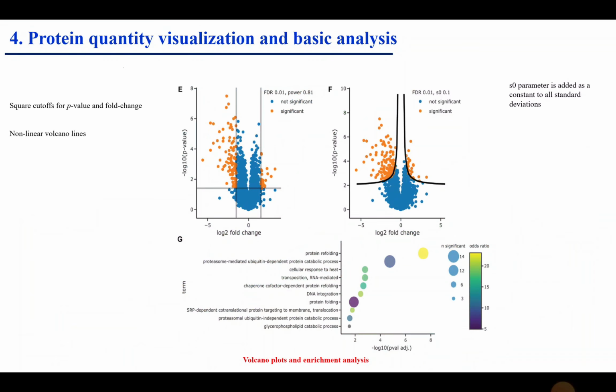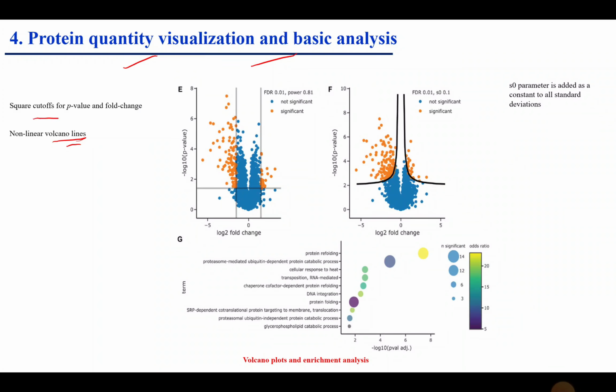Moving on to protein quantity visualization and basic analysis, you have often seen these types of volcano plots. If we are comparing two samples, we can present the data in the form of these values. And as we know, we will be unable to get any differential proteins until we have applied some statistics.